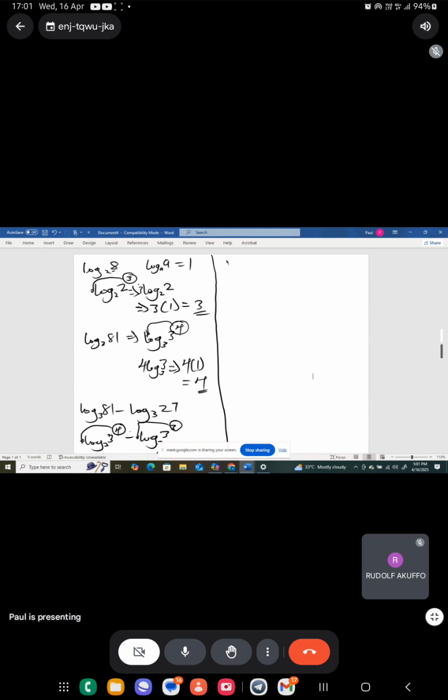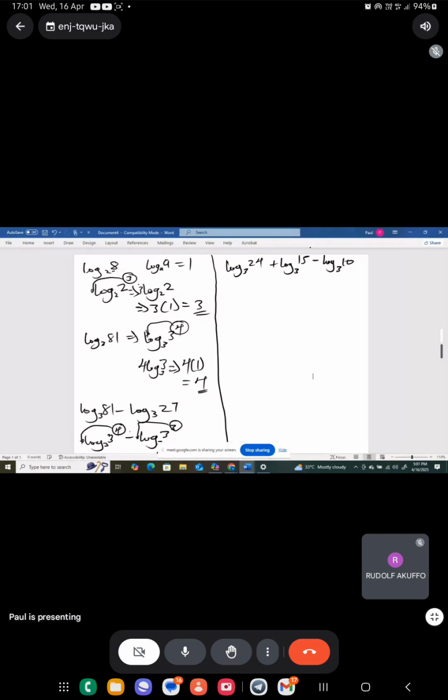It says simplify log 3 of 24 plus log 15 base 3 minus log 10 base 3. I think this one will be a bit complicated.